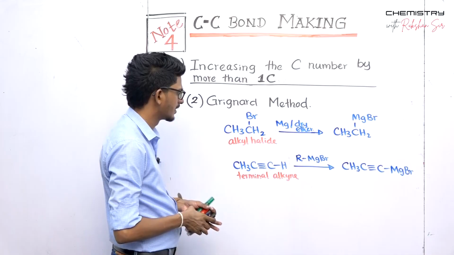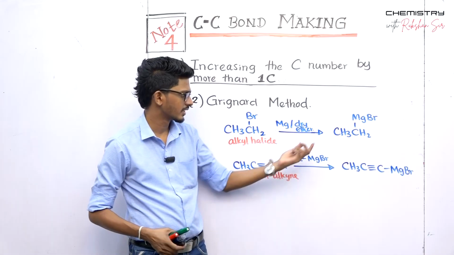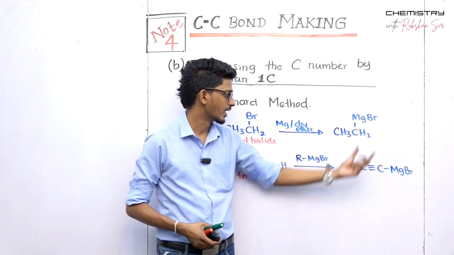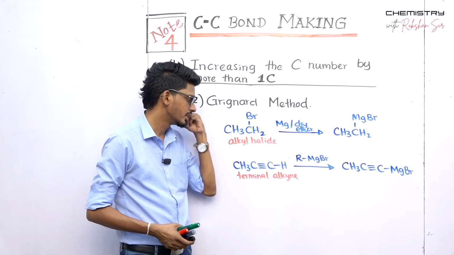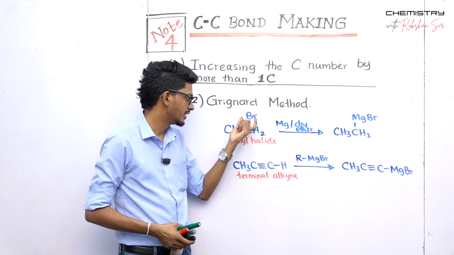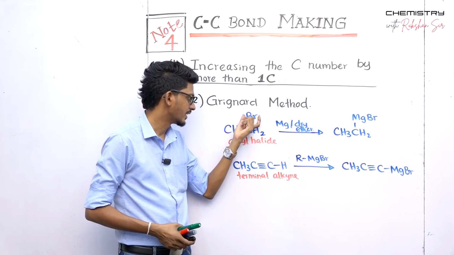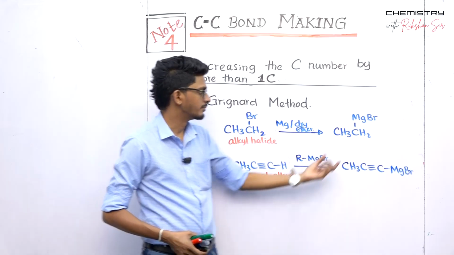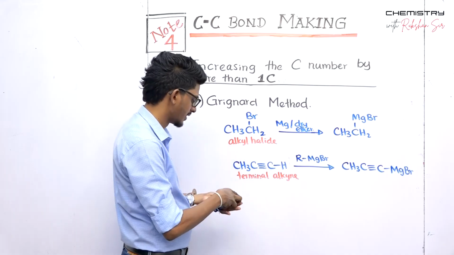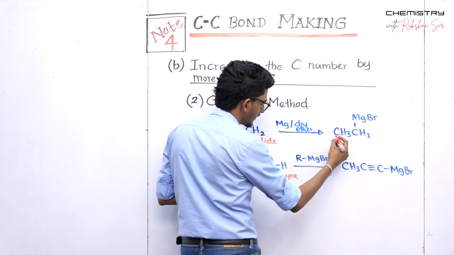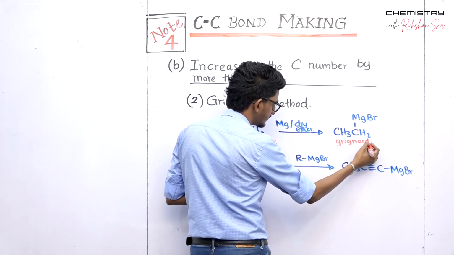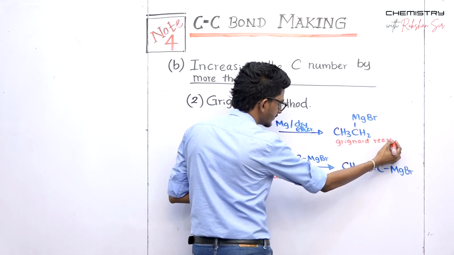A Grignard reagent is a compound containing an alkyl group and an MgBr. Alkyl halides contain an alkyl group with a Br. If a Br is connected to the alkyl group, it's an alkyl halide. If an MgBr is connected to the alkyl group, it is called a Grignard reagent. This is a Grignard reagent.